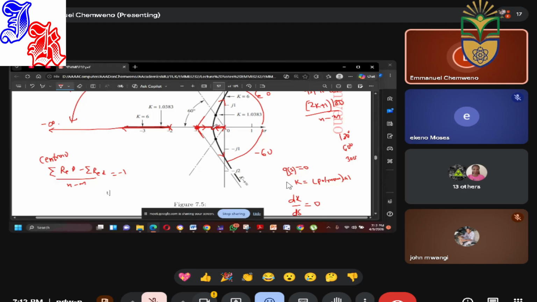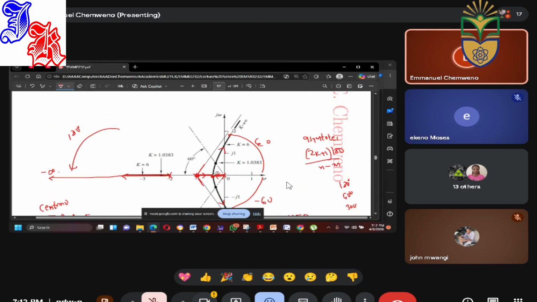Now, having drawn, I knew that my locus will break and approach infinity through these asymptotes. And now I have to calculate this point so that I know where it crosses. Sometimes it may have crossed on this point depending on the characteristic equation.